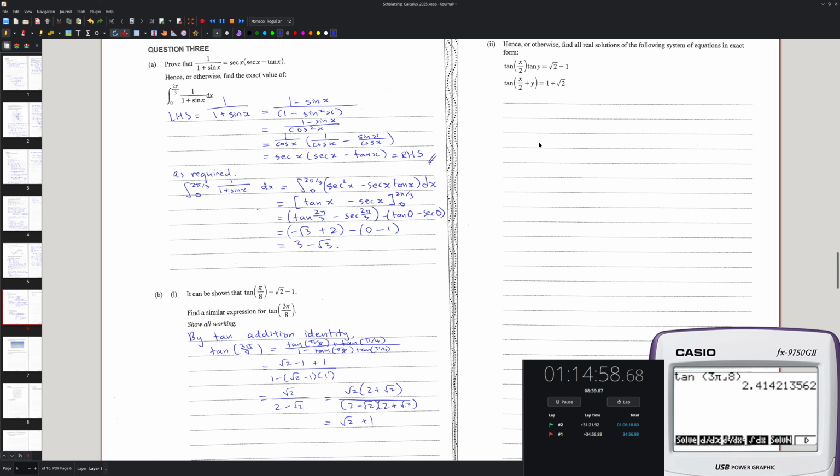Wait. Yo, guys. So if we're given, we know tan of x on 2 plus y is equal to tan 3 pi on 8, right?